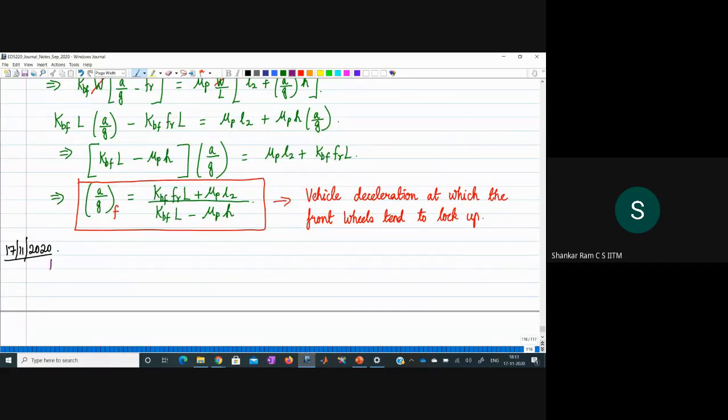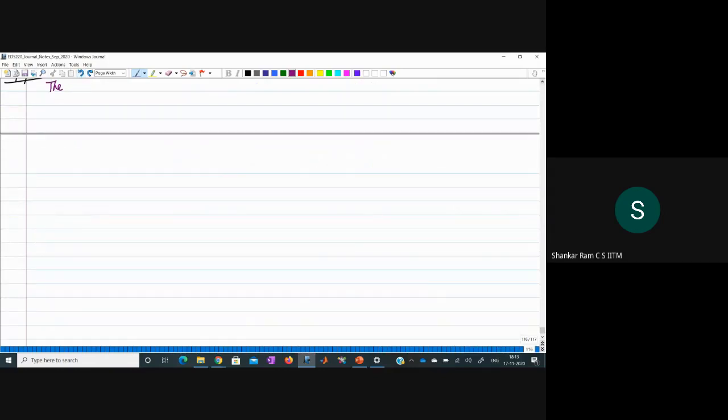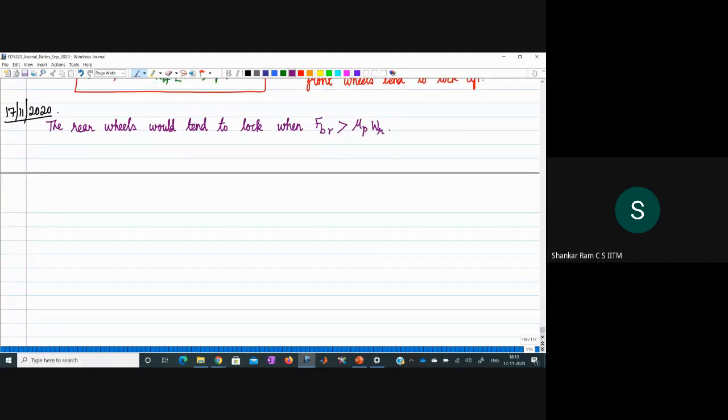So the rear wheel would tend to lock when FBR becomes greater than mu P times WR. Essentially, the braking force demanded becomes greater than the maximum traction force that can be supported on the tire-road interface along the longitudinal direction.